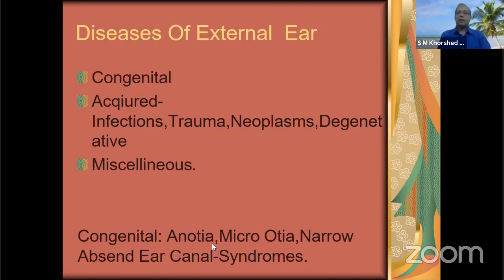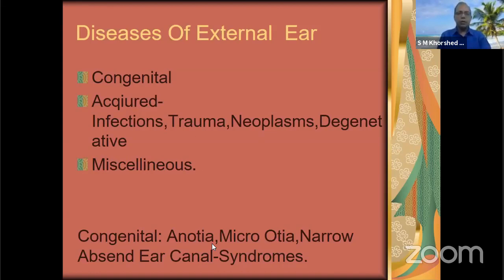If we come to discuss the diseases of the external ear, we will discuss congenital diseases and acquired diseases. Some of the diseases are congenital, some are acquired, and some are of no class, and we call them miscellaneous diseases.